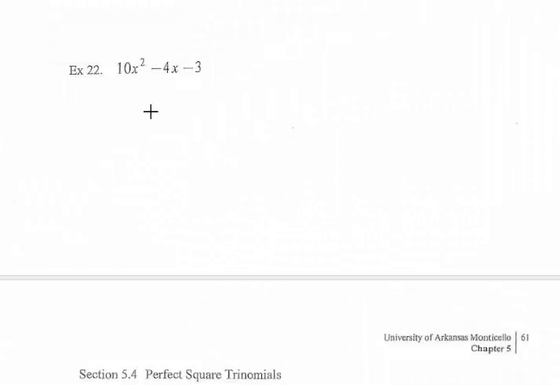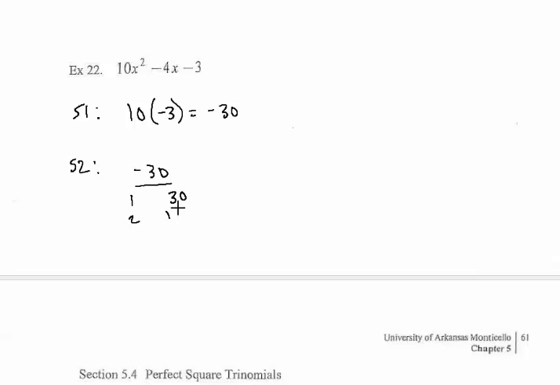So we're at 22. One more trinomial using the Lizzie method. A and C, multiply them, we get the number that we need to factor. It's negative, and so we say 1 and 30, 2 and 15, 3 and 10, and let's see, 5 and 6.